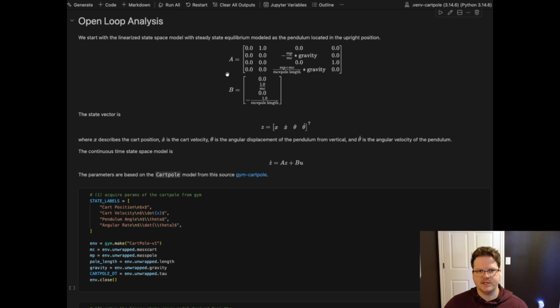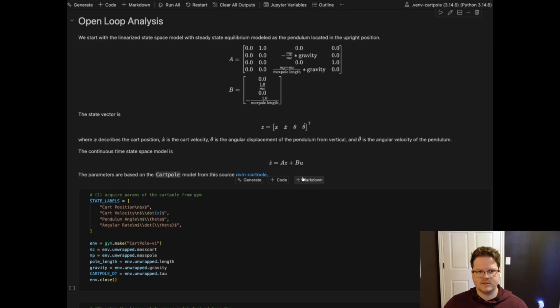That's our A state transition matrix. That's our control matrix B here. And then the state vector, just note that I'm using Z as that state vector variable. The cart position is X, the cart velocity is X dot, angular displacement of the pendulum with respect to the vertical is theta, and then theta dot is the angular rate of the pendulum.